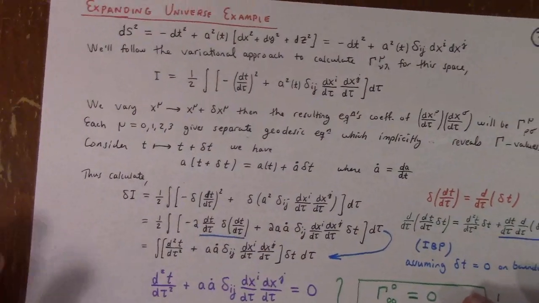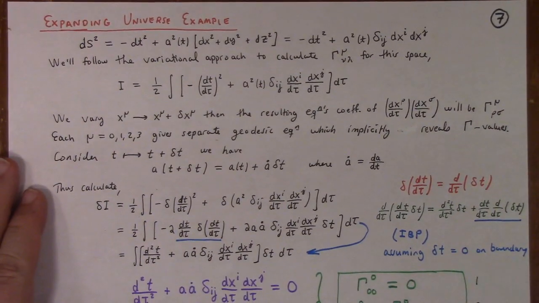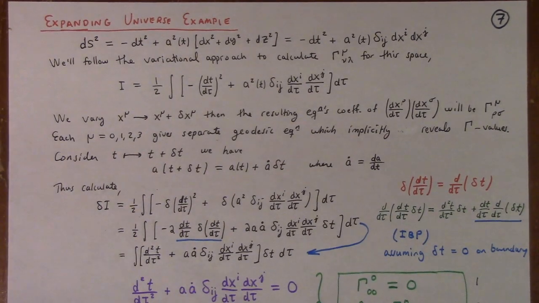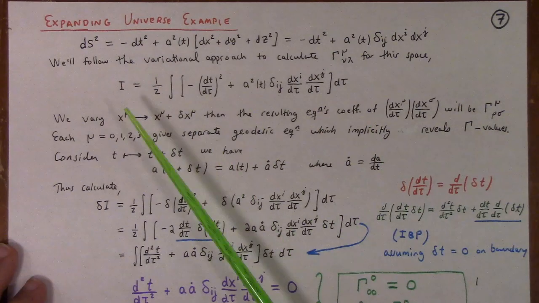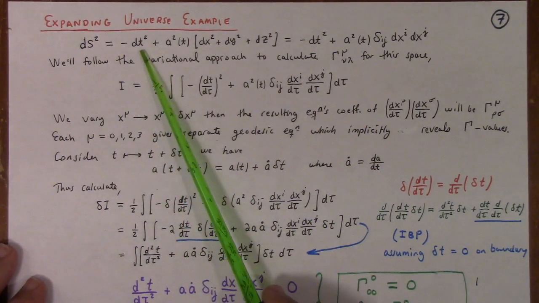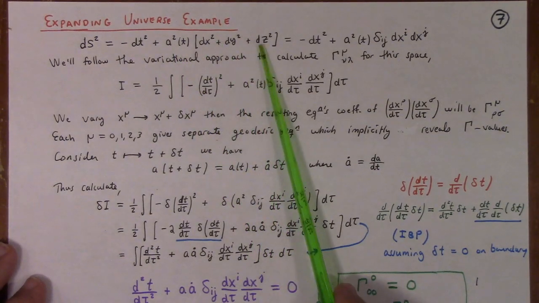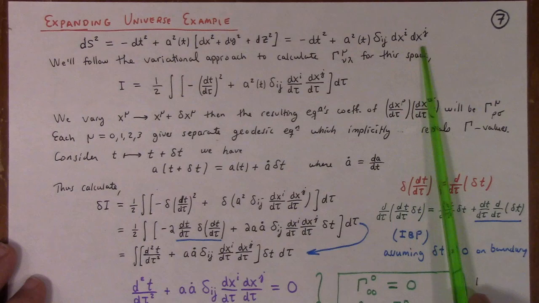All right. So let's go back to our expanding universe example, and we'll actually put into practice this variational approach that we've been talking about. Here's the metric for the expanding universe. ds squared is minus dt squared plus a squared of t times dx squared plus dy squared plus dz squared, which is more elegantly written like this.